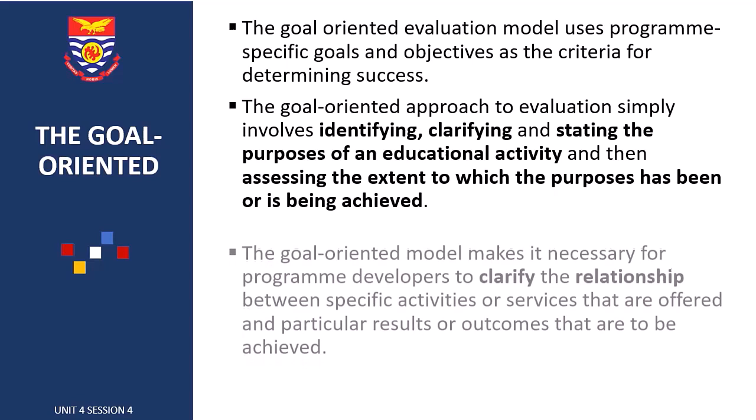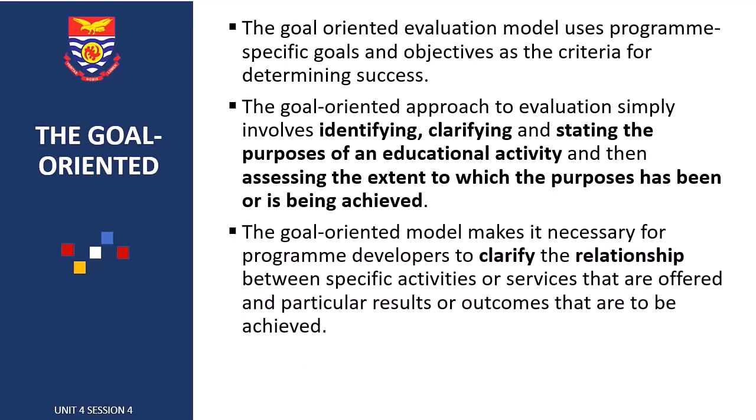This approach makes it necessary for program developers to clarify the relationship between the specific activities or services that are offered and the particular results or outcomes that are to be achieved. And so when you are using this model, you are looking for the purposes of what this educational method is saying, and then checking whether the purpose has been achieved or not.